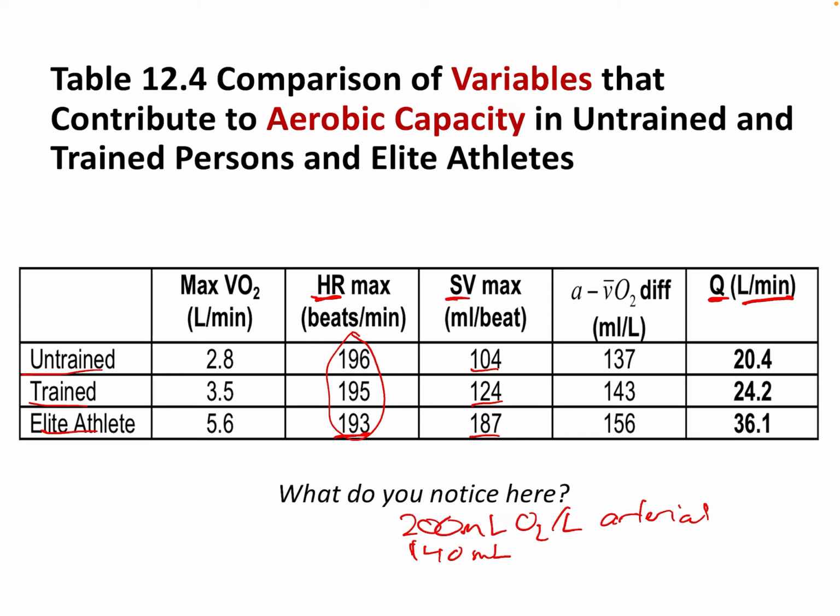So our AVO2 difference would be 60 milliliters of O2 per liter, and that's at rest. When we're exercising, we can see that the difference is about 2 times that in our untrained individual and almost 3 times that in our elite athletes.